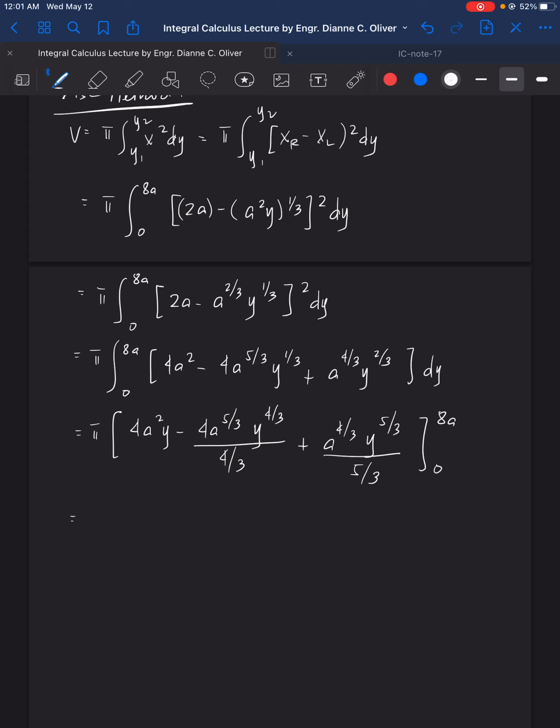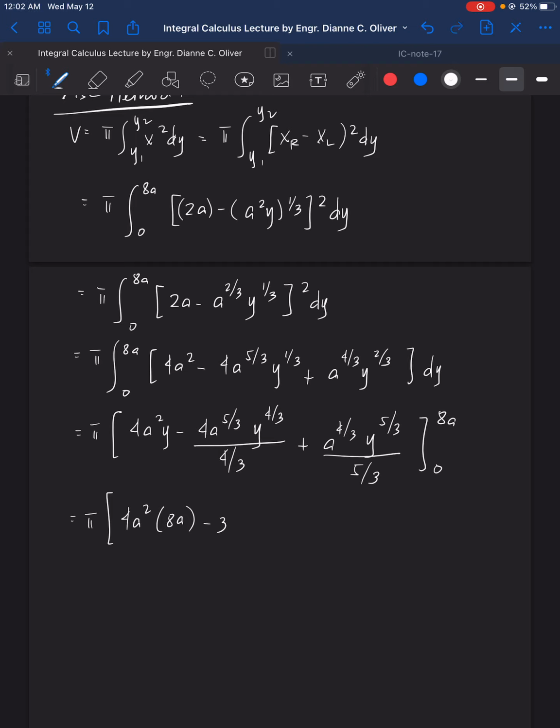So we will be substituting here. Since the lower limit is 0, I will no longer expand that, it's already 0. So 4a squared, y is 8a, minus 4, this is actually 12, so cancel, this becomes 3.